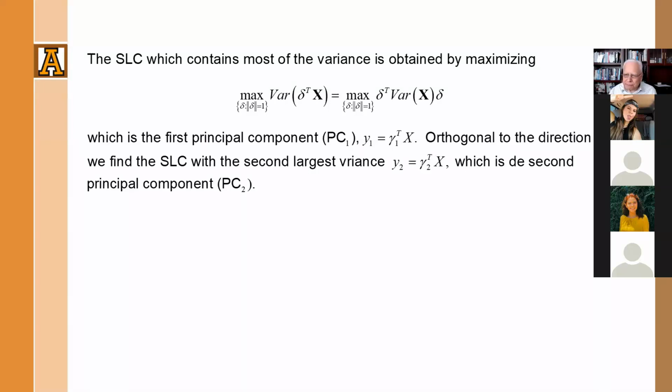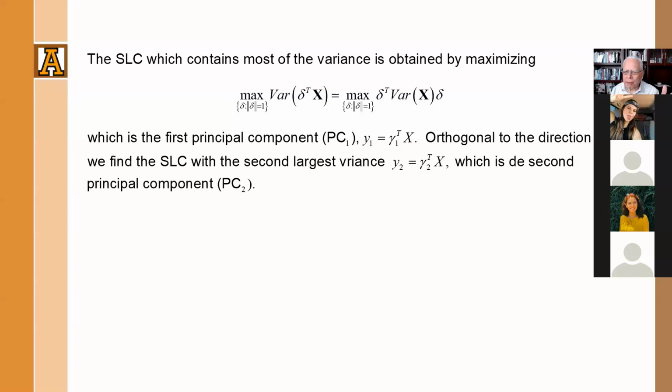The second principal component will correspond to the second largest eigenvalue, and I'm representing it here by Y2, which is gamma 2 transpose, the eigenvector 2 transpose, multiplied by X. We call it here PC2 or Y2.